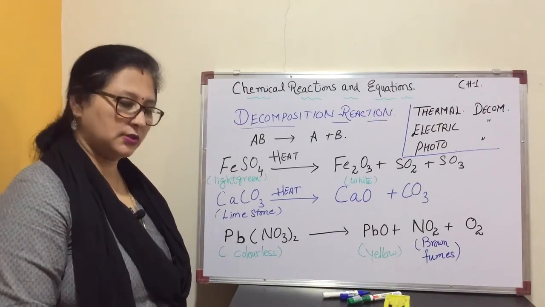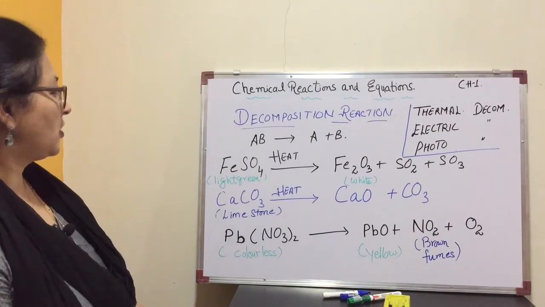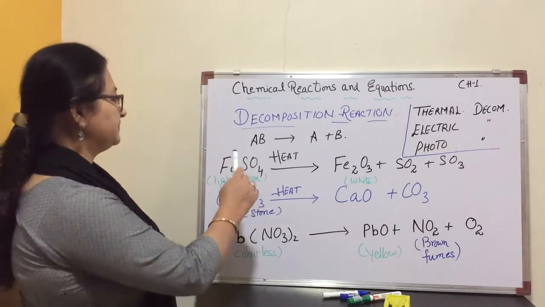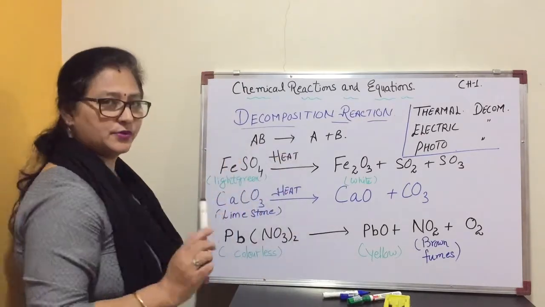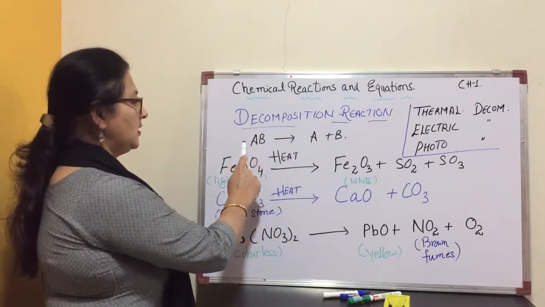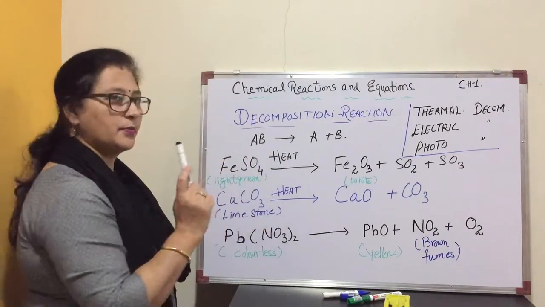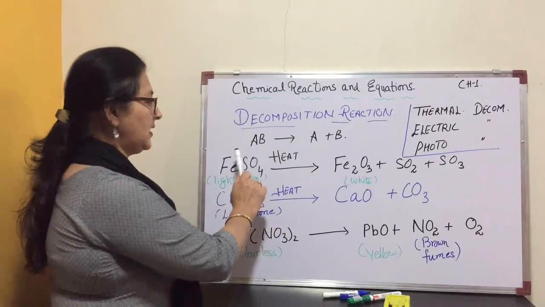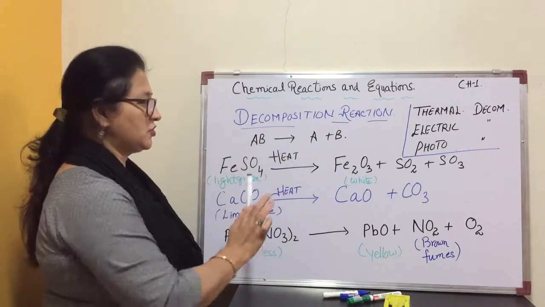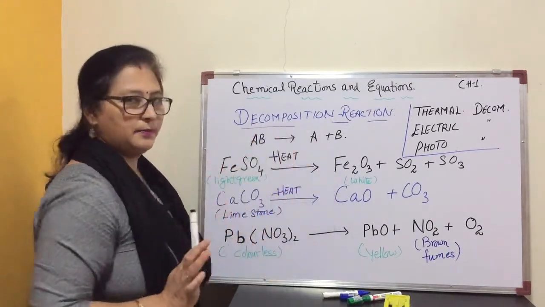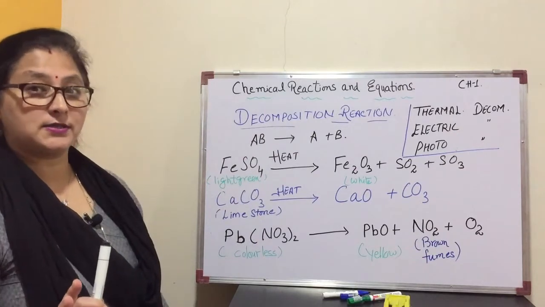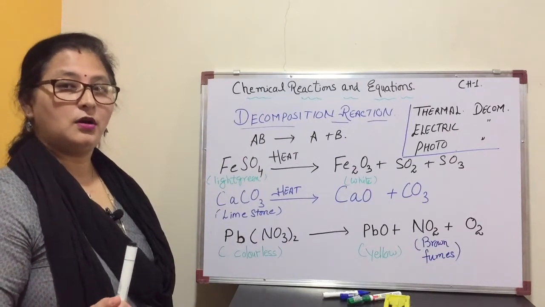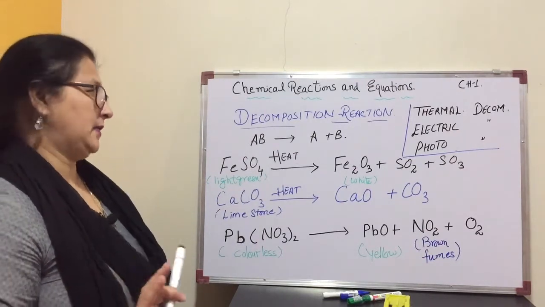Now let's go through the reactions given in your book. In a decomposition reaction, the reactant is broken down into simpler products. Over here, AB is a reactant which is broken down into A and B. Clear? The simpler products can be compounds or elements.